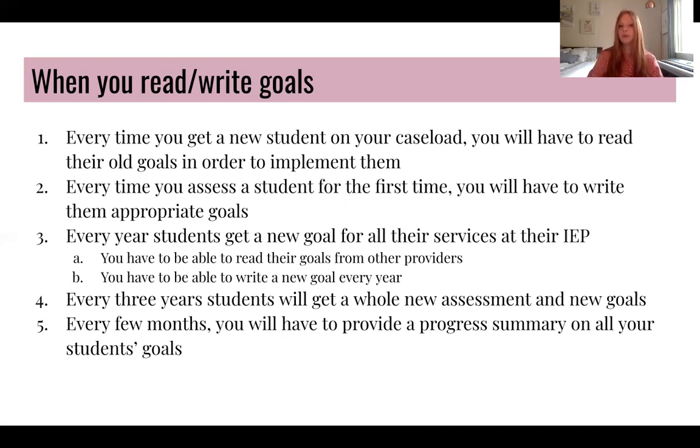And you have to be able to understand what else they're working on, because a lot of the times it benefits the child to have this collaboration, which we're going to talk about later in the semester of how to successfully do that. And I can't even describe to you how beneficial it is to be able to read a goal from somebody in occupational therapy and say, okay, I know exactly what that is.